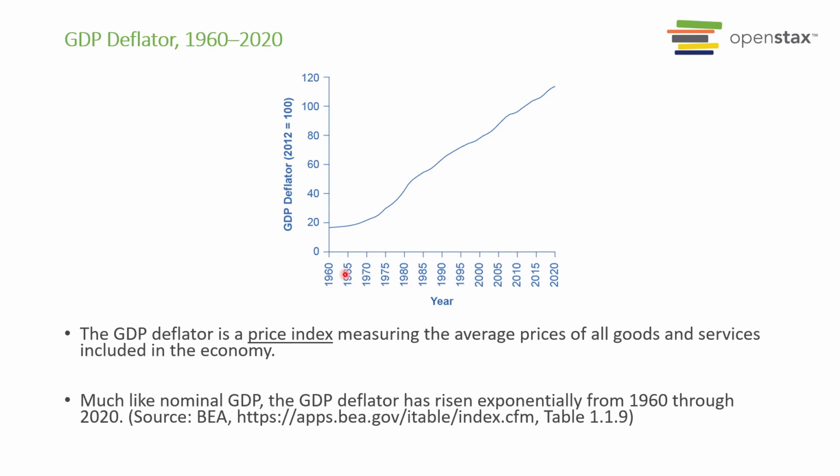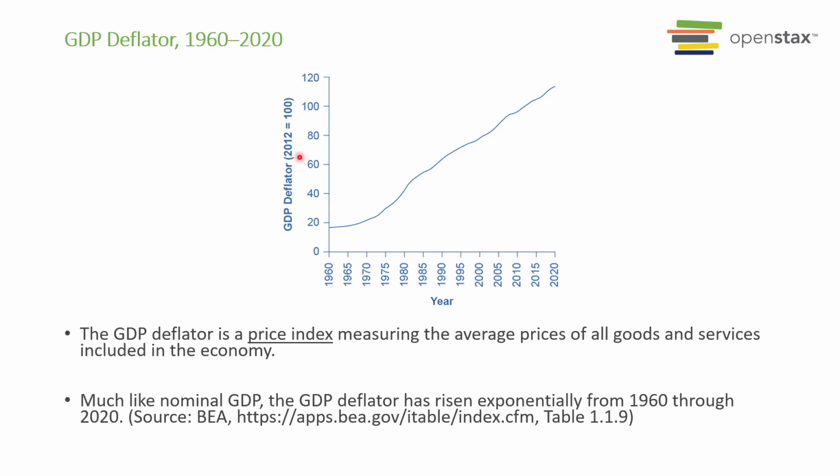And you can see here that since 1960, prices on average in the economy have grown almost in a linear fashion, right? There's especially some growth happening here in the 1970s and early 1980s, which is a famous period of a high rate of inflation. With indices, we usually normalize one of the time periods to equal 100 to make it easy to compare other periods against that one.